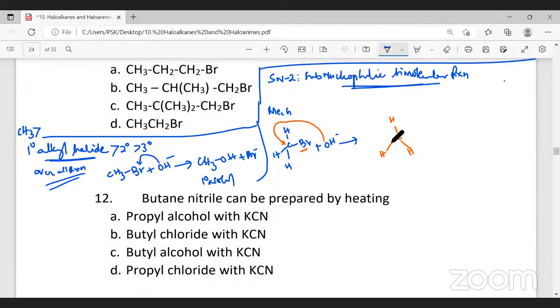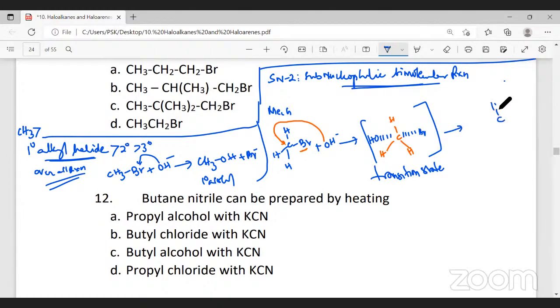So when OH starts forming a bond with carbon, the bond between carbon and bromine starts breaking. That's why we have written a broken line. This state is called the transition state. Once the OH bond is completely formed with carbon, the bond between carbon and bromine completely breaks.